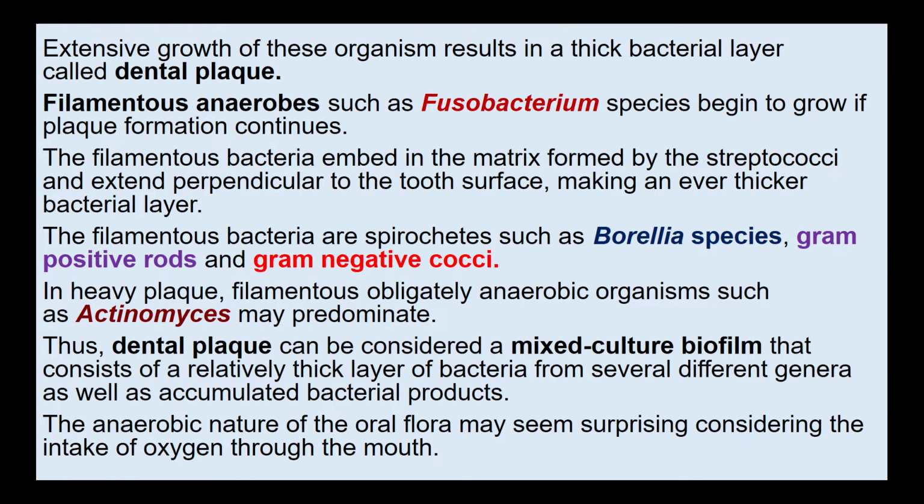Next, filamentous anaerobic bacteria such as Fusobacterium can adsorb. These filamentous bacteria embed in the matrix formed by Streptococcus and extend perpendicular to the tooth surface, making ever thicker bacterial layers.